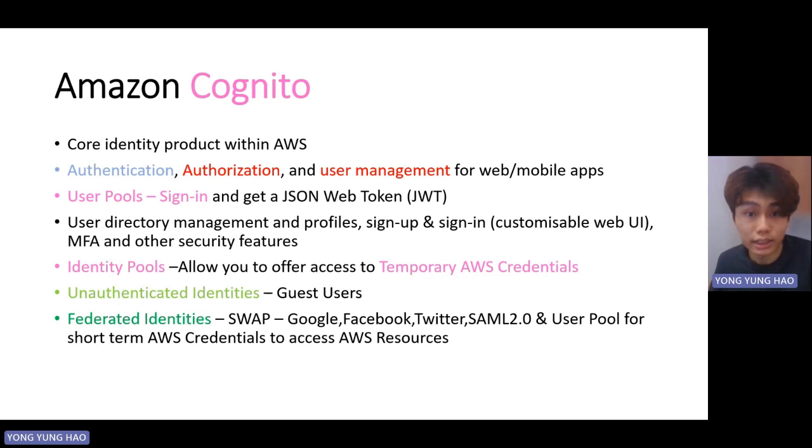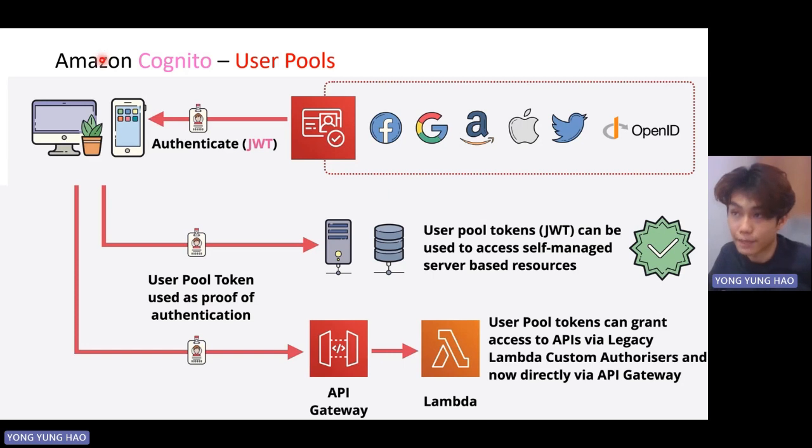So now let's step forward to a few architecture overviews so you can visualize and understand how AWS Cognito works. First is the Cognito user pool. Note that this is a user pool, with social sign-ins and so on.